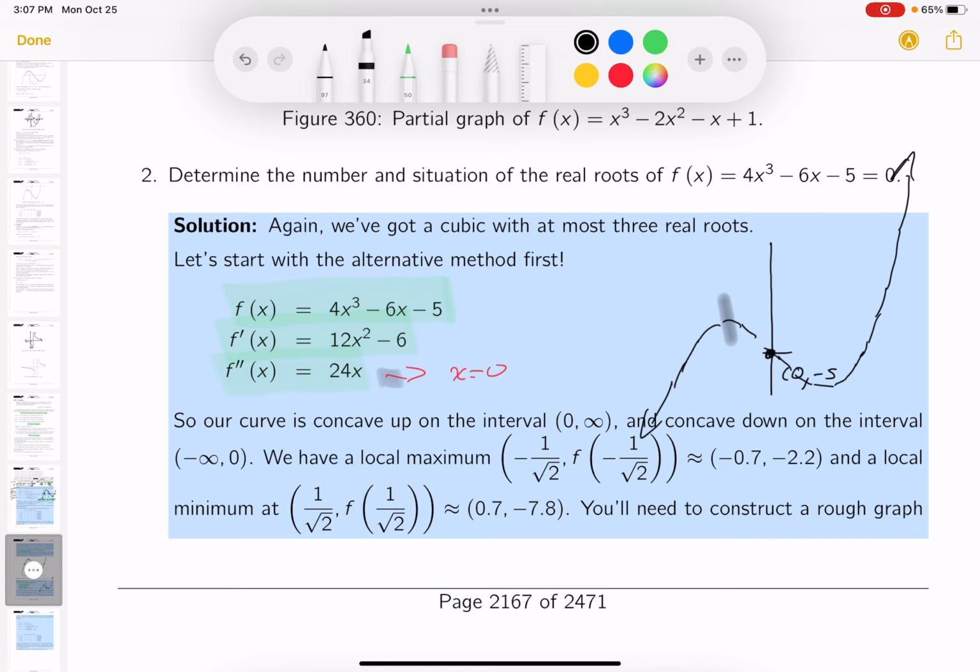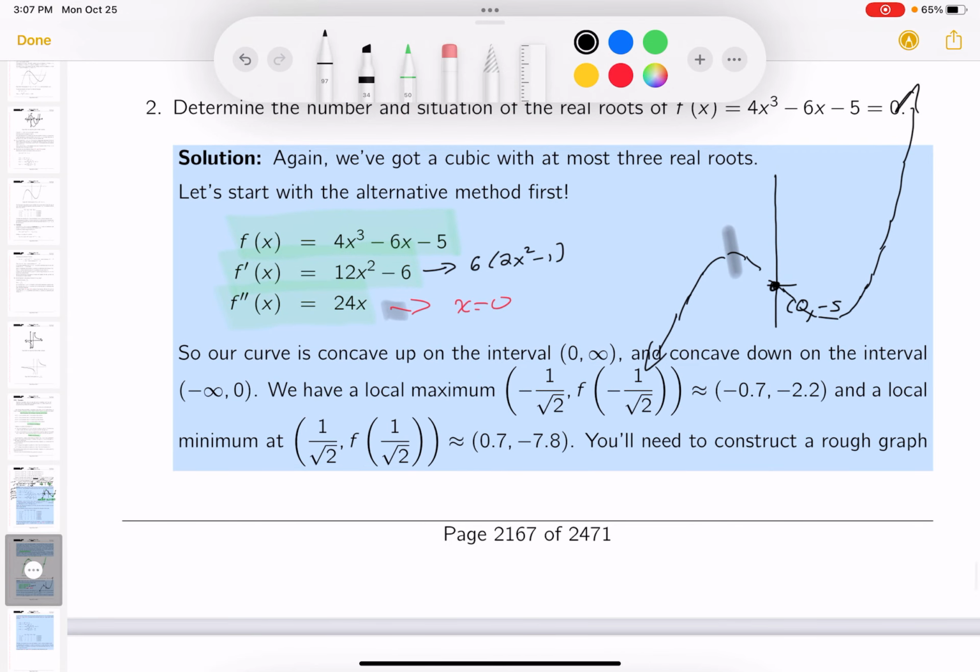Well, I think I can, because I'm looking at that first derivative, and I notice this over here. You could factor it. 6 comes out, and what do you get? 2x squared minus 1. And that looks pretty easy to do. That's got a 0 at plus or minus 1 over root 2.